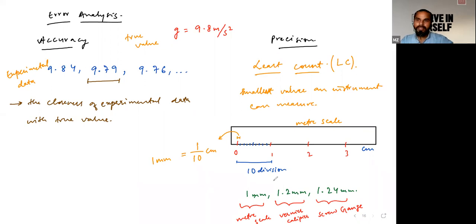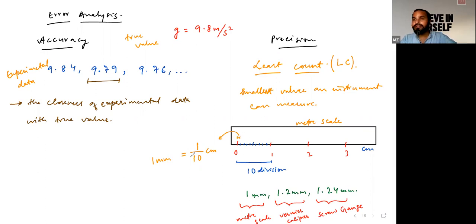Using different scales, their least count would be different. And on the basis of their least count, the smaller the value of least count, it will give you more number of digits in the calculation. It means it would calculate up to more decimal places. So whenever you measure the same term using a meter scale, it will give you just one digit in terms of mm, as its least count is 1 mm.